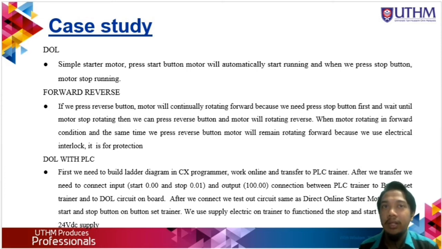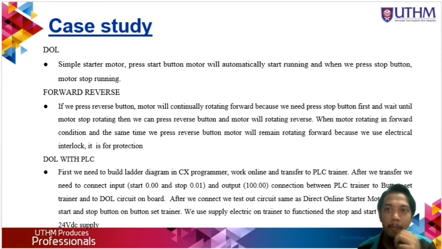For the operation of this motor starter, when we press the forward button, the motor will rotate forward. And when we press our reverse button, nothing happens because we use electrical interlock.